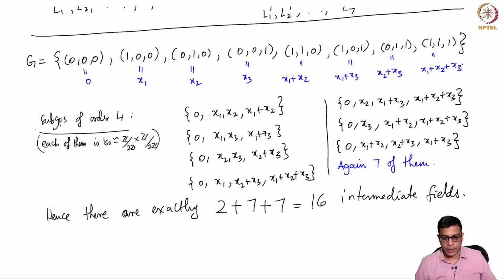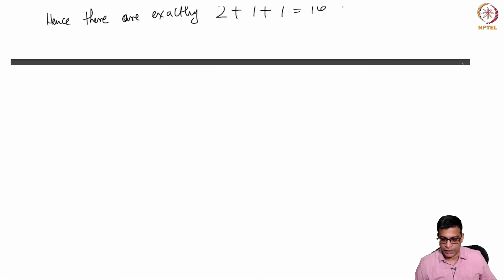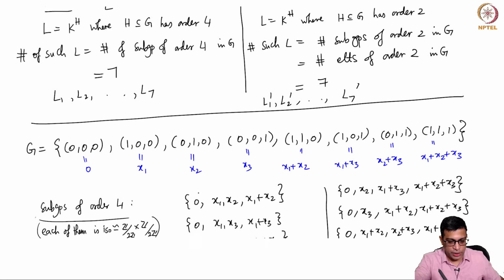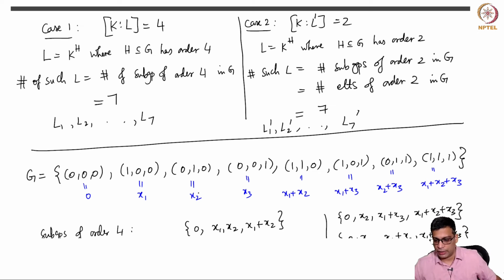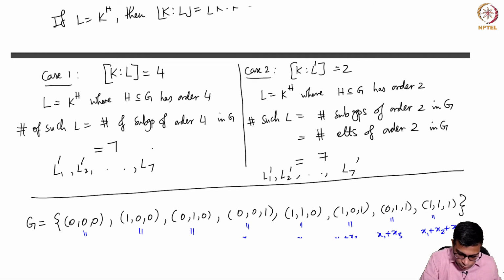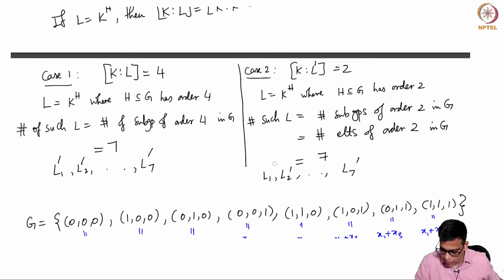Okay, so let me also make an attempt to draw the tower of fields. So you have K and you have Q here, but the L1s, L1 primes will appear. So let me just use my notation here. So actually I called this prime and this not prime.